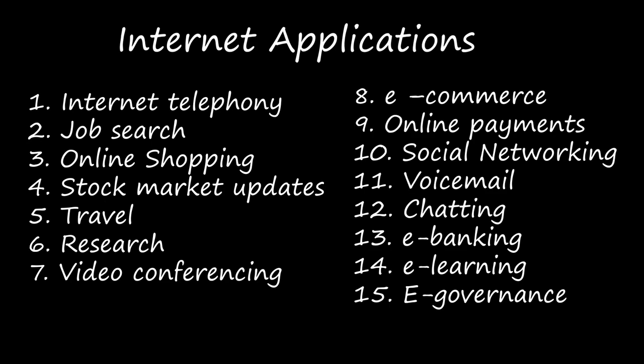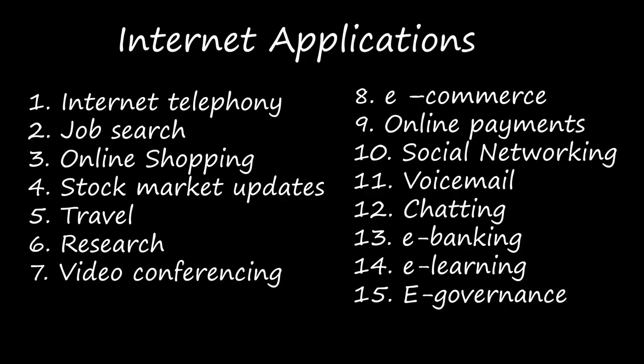Online shopping, I didn't give the example, right? We know so many online shopping websites: Amazon, Flipkart, eBay, and so many others. These are the examples for online shopping. For stock market investments also, we saw examples such as ndtvprofit.com, moneypore.com and others, right?